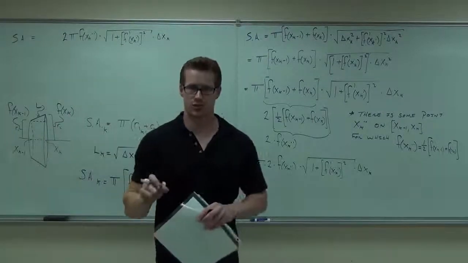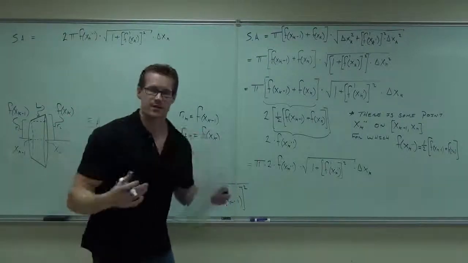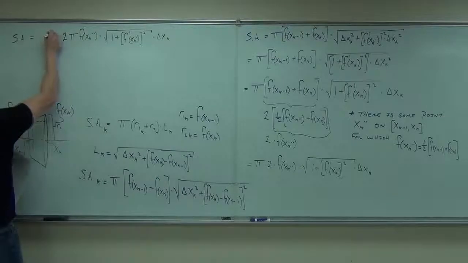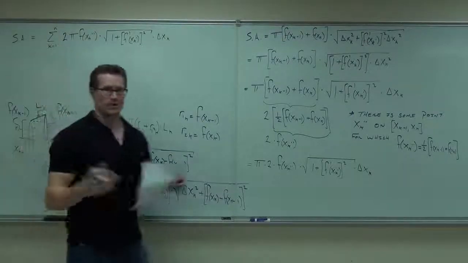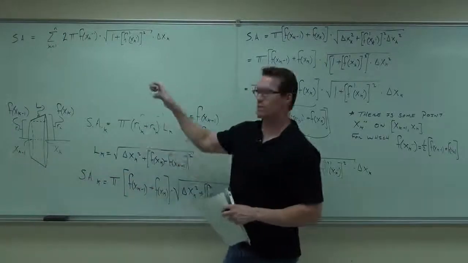That's one individual frustrum. To find all of them added together, add them all up. Now, that's an approximation right now.